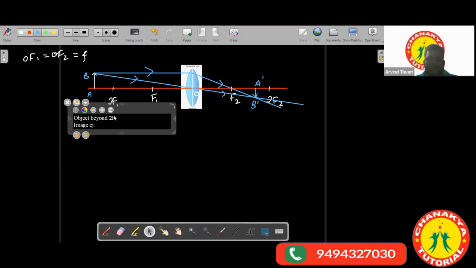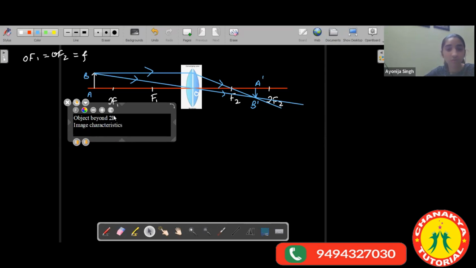So can you tell the image characteristics here? It is diminished and it is formed between F2 and 2F2. Okay, very good. So first point. What can you say about the nature of the image? Real and inverted. Yes, the nature is real and inverted.